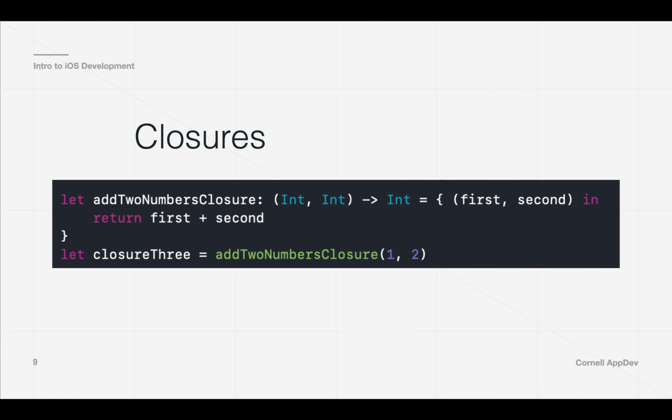And then after the equal sign, it's essentially the same syntax as a function. We have to name the parameters that we pass in just so we're able to access them. So we name them first and second, and then after the in, the rest of it is all the logic that's going to be run whenever this function is called.